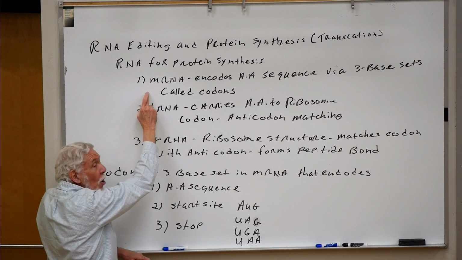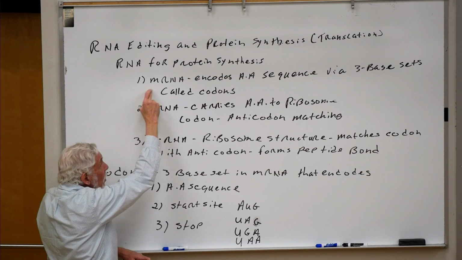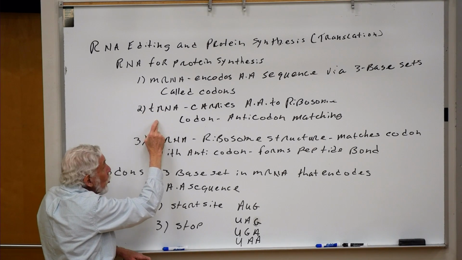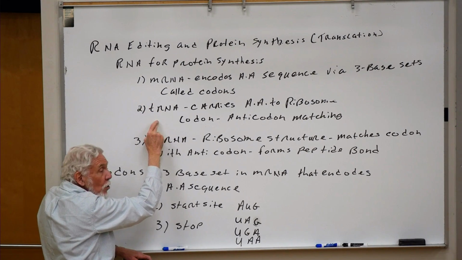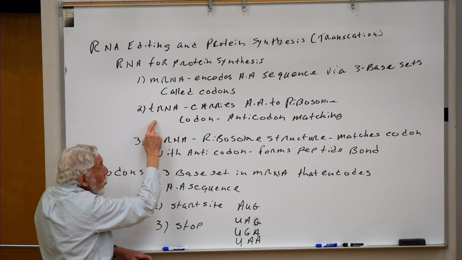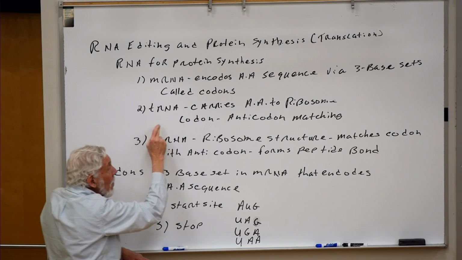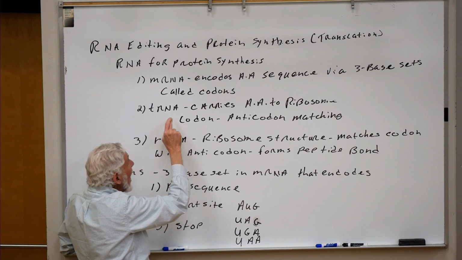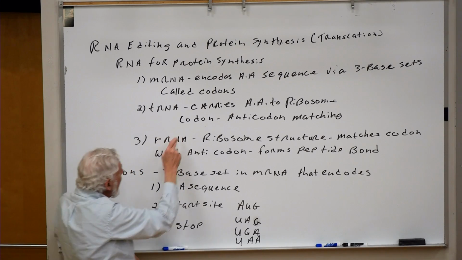So mRNA determines the amino acid sequence. The transfer RNA determines what amino acids are brought into the ribosome. And the transfer RNA contains information about which specific amino acid a given tRNA will carry.